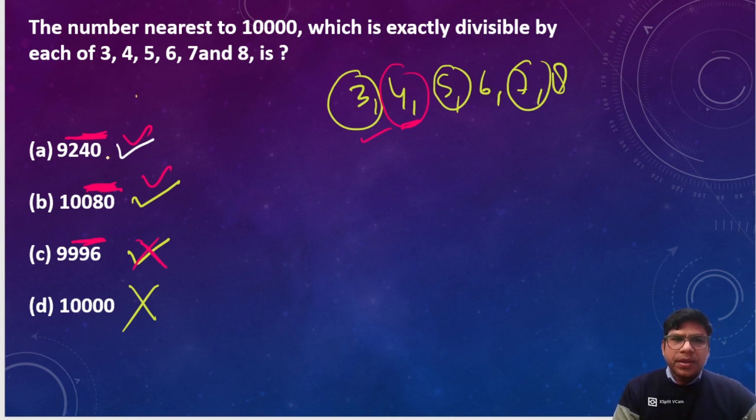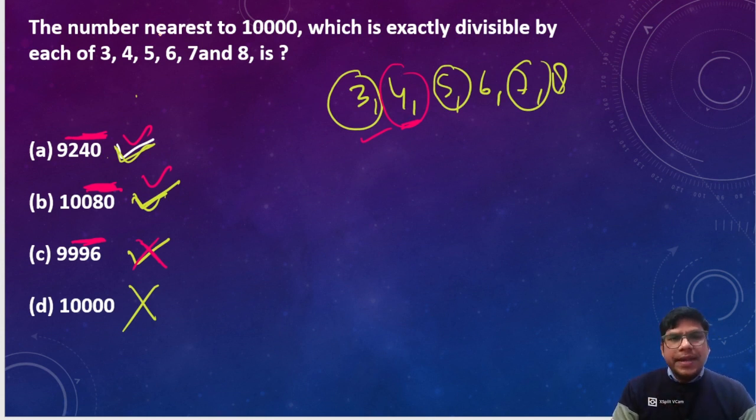We can check the divisibility rule of 7, but we couldn't get our correct answer. So in this condition we have to take help of the question itself.